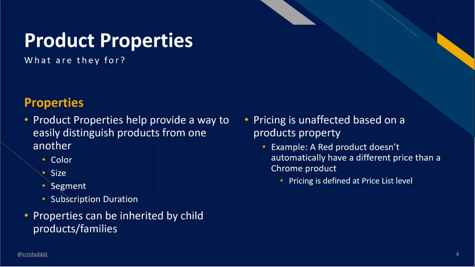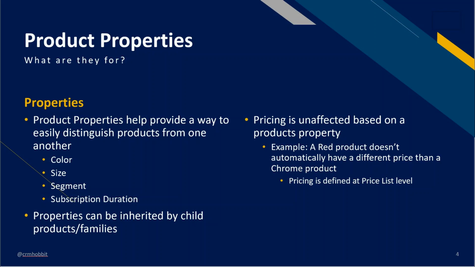The nice thing about product properties is that if you have any child products, child bundles, or families, you inherit those properties from the parent. So you don't have to continually replicate that all the way down your chain. By creating the properties on the parent, you're defining those on the child.